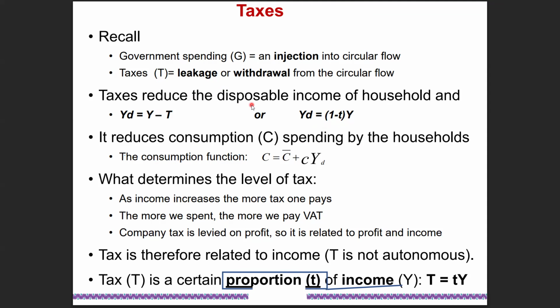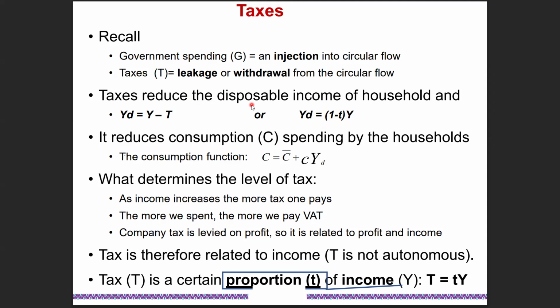Right. So remember, when we were doing the consumption function in chapter 17, we did say that the main determinant of consumption is disposable income. Because disposable income, we said that it is the money that you have after taxation, right? So you have your income, then you subtract the taxation, then it becomes equal to disposable income.